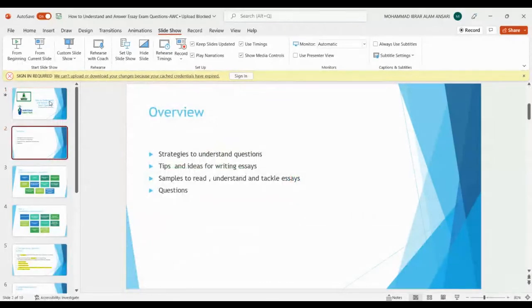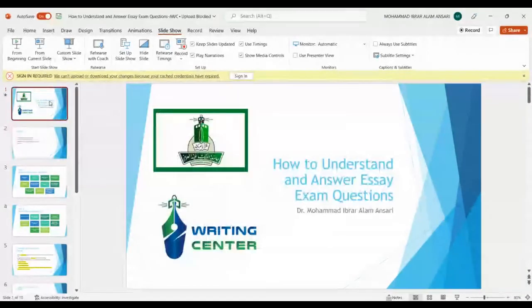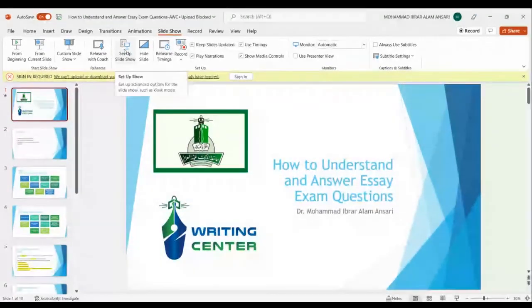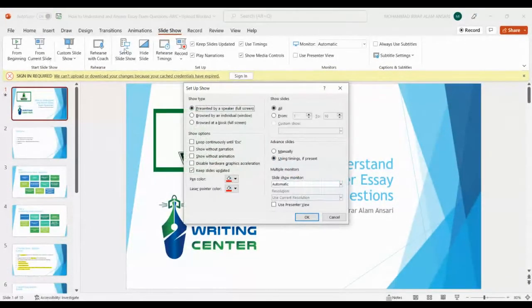Yeah, it's okay now. Can you click on slideshow? So we need it in full screen. Before that, go to set up slideshow. Set up slideshow. Choose the second one. Browse by an individual window. Yes.